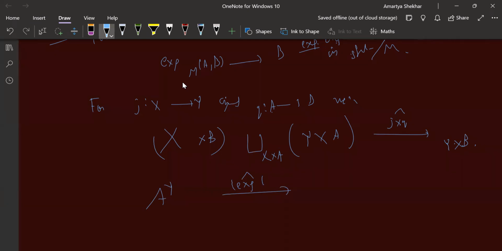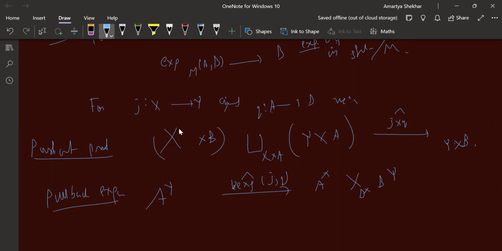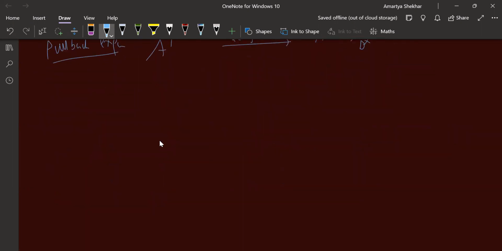So I have J and Q. Right, so this is a pullback exponential.